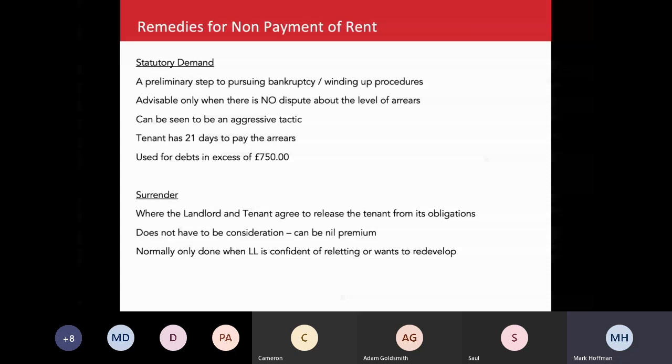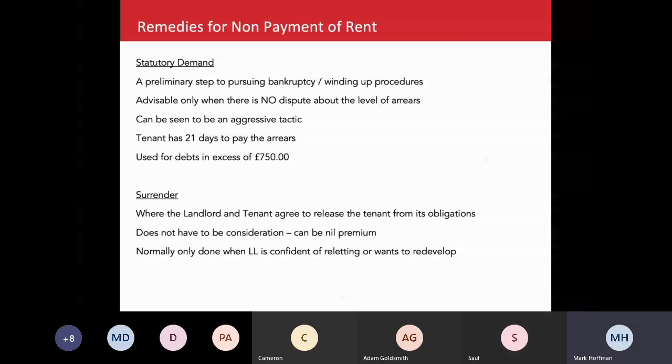Now we move on to the more significant tactics for non-payment of rent. So can anybody tell me what is the difference between a surrender and forfeiture?